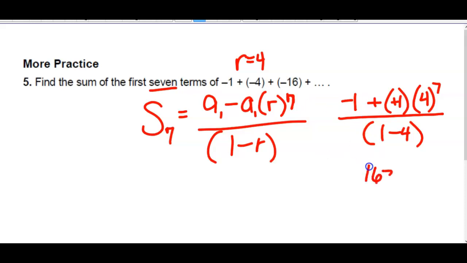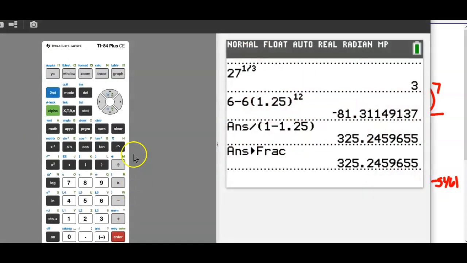And I got 16,383, and then I'm supposed to divide that by 1 minus 4, which is -3. And I got -5461. Again, let me just do it the really long way here for you.